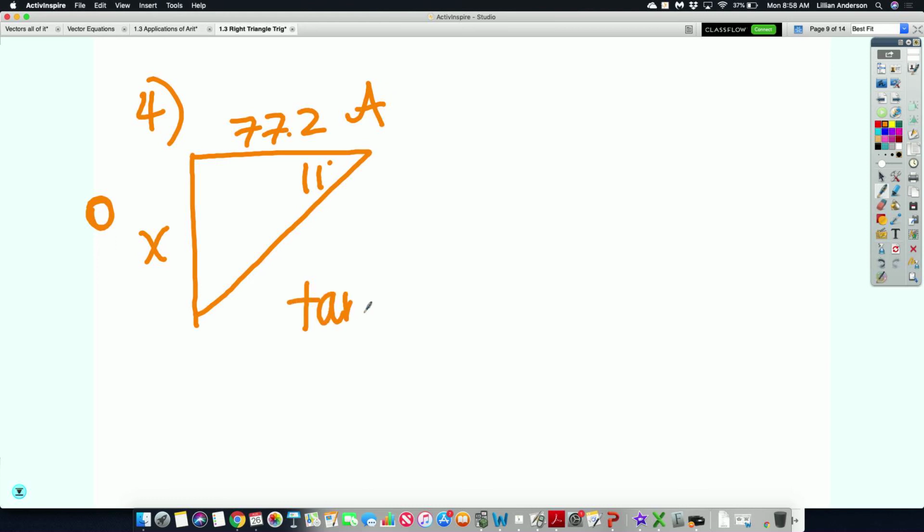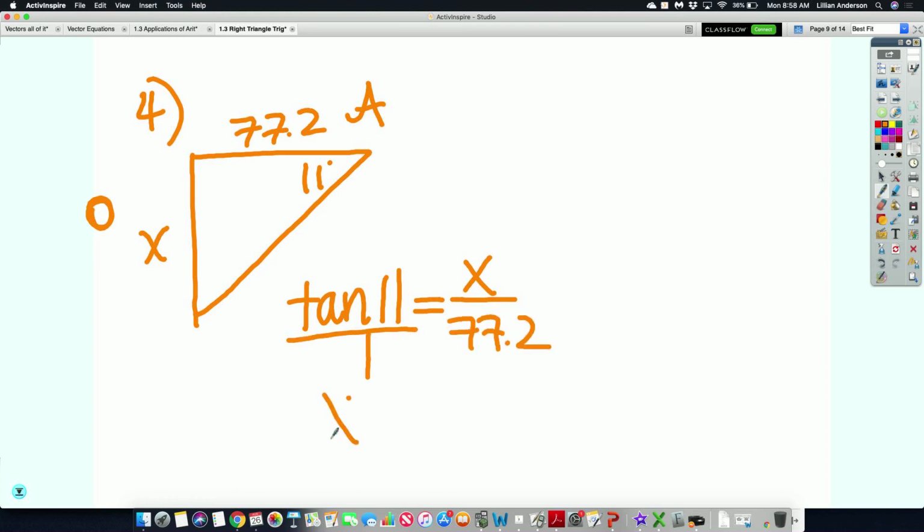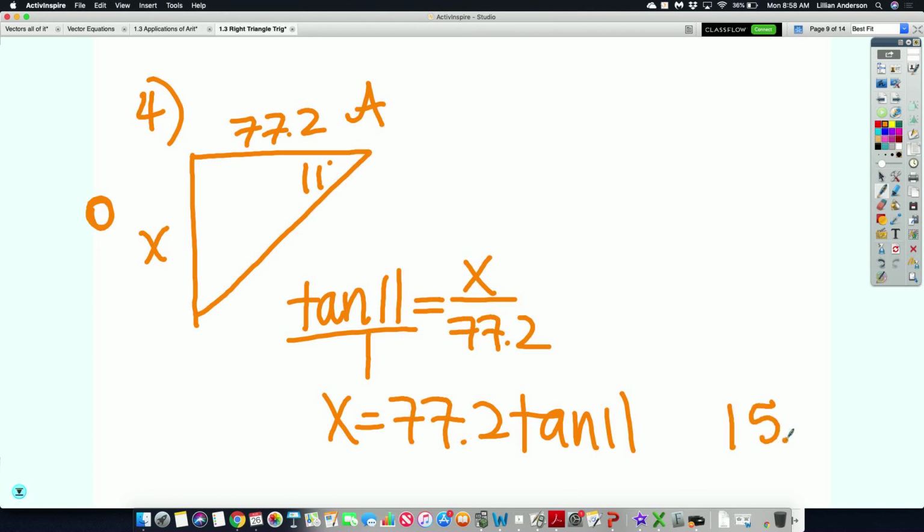Tangent, okay? And continue, Jana, to set this up for me. It was tangent 11 equals x over 77.2. So once I cross multiply, I'll have 77.2 tangent 11. And Alexa, what did you get for your value? 15.0? Yes. Very good.